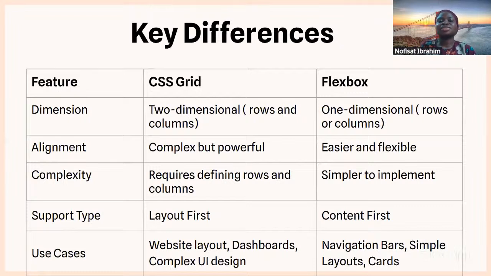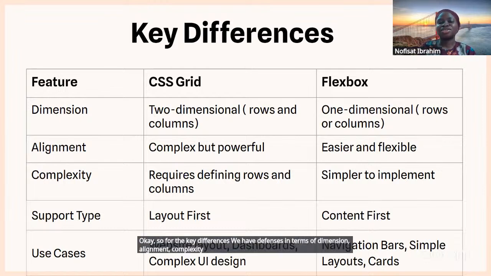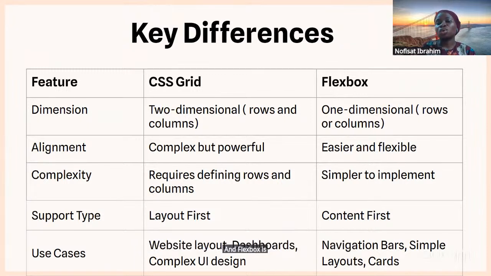Okay, so for the key differences, we have differences in terms of dimension, alignment, complexity, support type, and use case. So grid is a two-dimensional layout for rows and columns, while Flexbox is one-dimensional, for row or column.